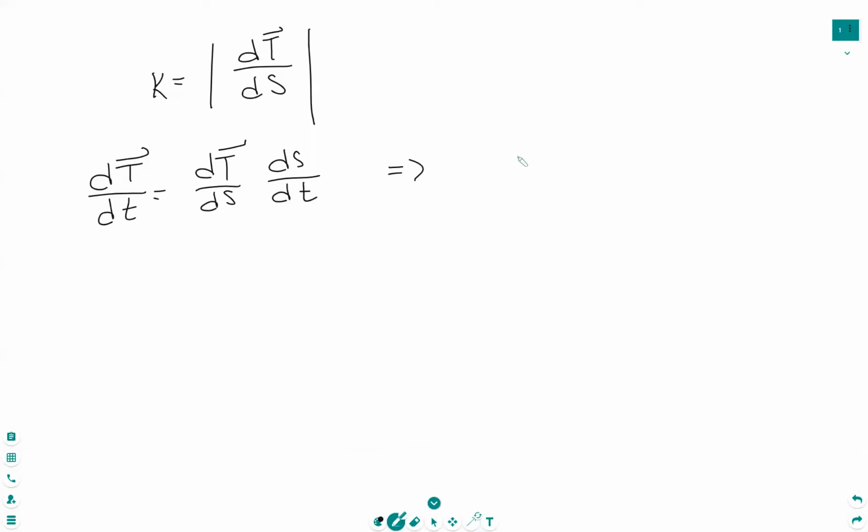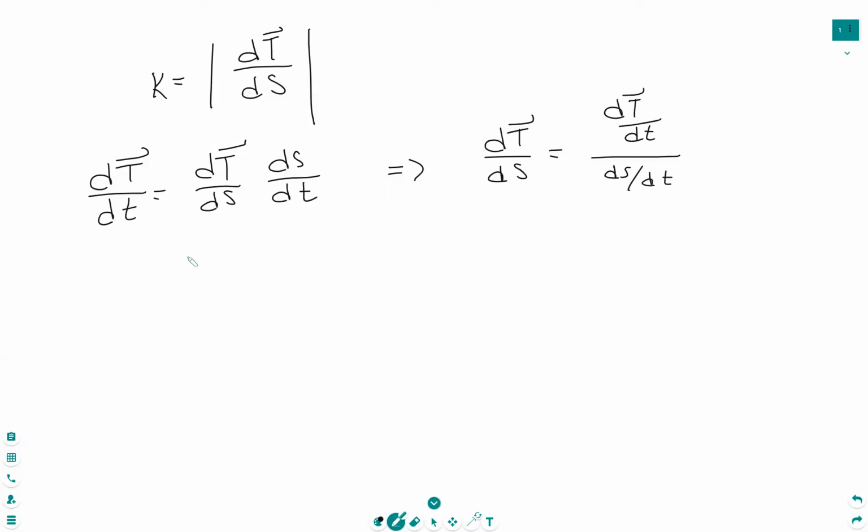So that means that we can write how the unit tangent changes with respect to arc length as the fraction of how the unit tangent changes with respect to t, and how the arc length changes with respect to t.